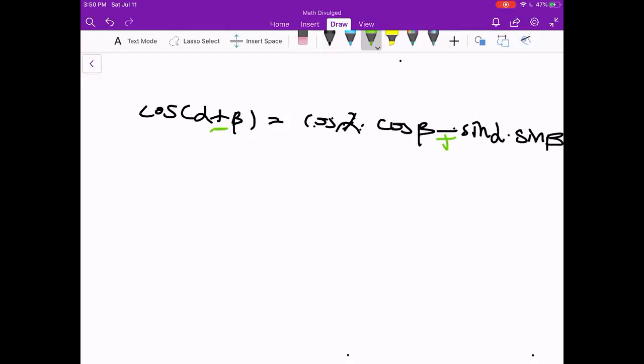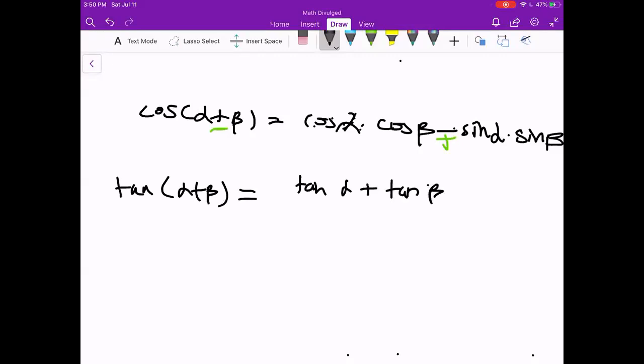And finally, we'll talk about tangent. So if we have tangent alpha plus beta, this is equal to tangent alpha plus tangent beta divided by 1 minus tangent alpha tangent beta.